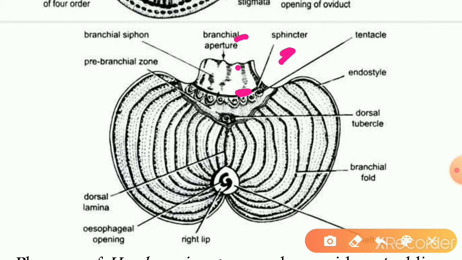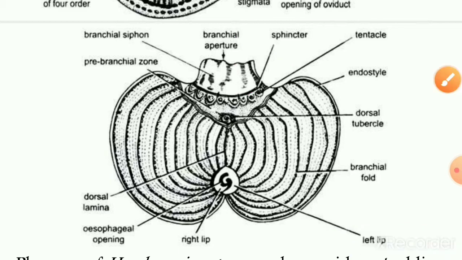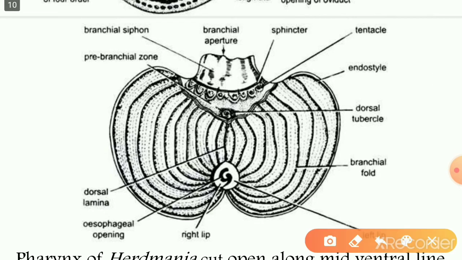Inside the buccal cavity there are 64 tentacles that act as a strainer, means they do the work of filtering. They allow entry of microscopic food particles into the pharynx. So these are the branchial tentacles.